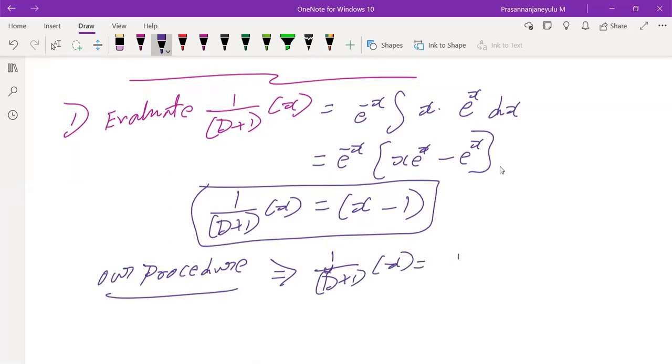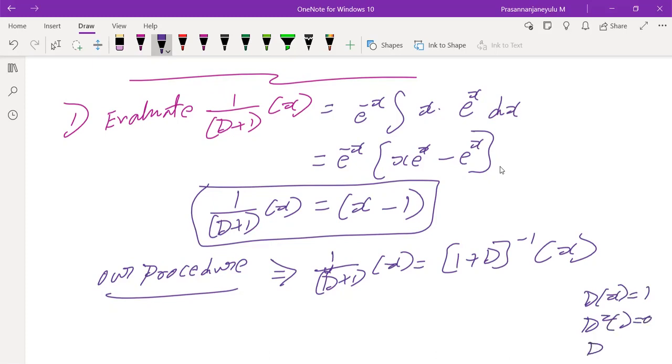Taking this one to the numerator, it will become 1 plus d whole power minus 1 of x. That one only, because of the 1 plus phi of d or 1 minus phi of d form. So what is the differentiation of x? 1. Differentiation of x is 1, but the second derivative is 0. Okay, and the third derivative is also 0.